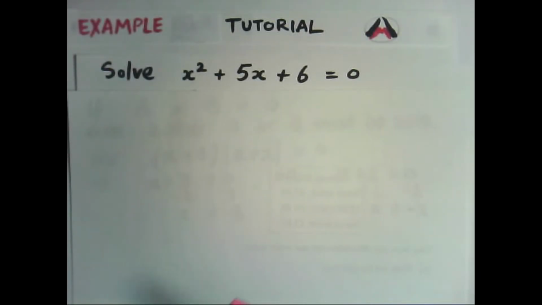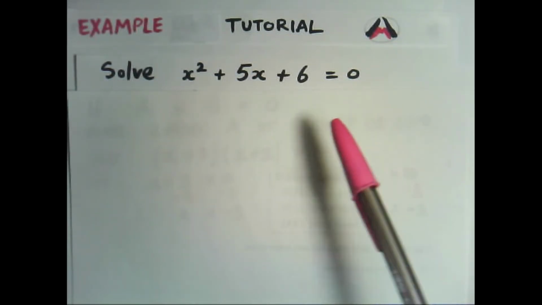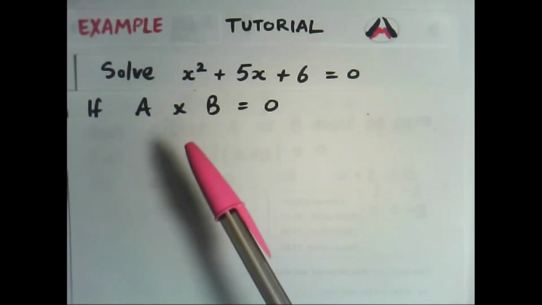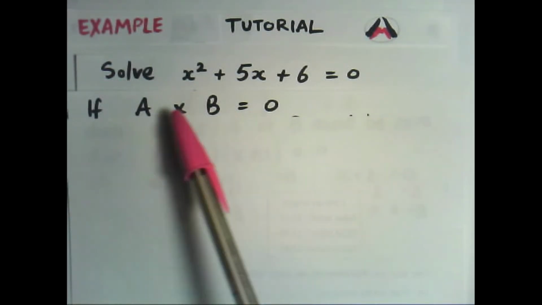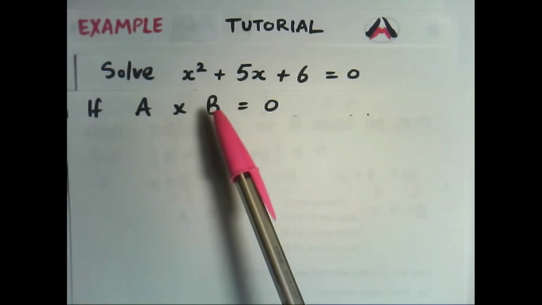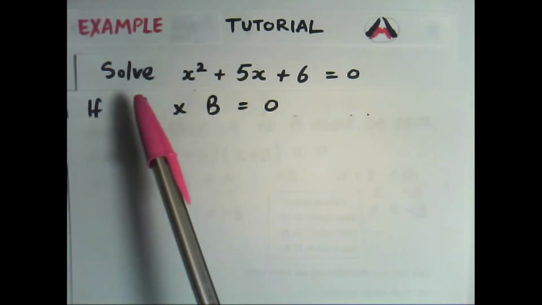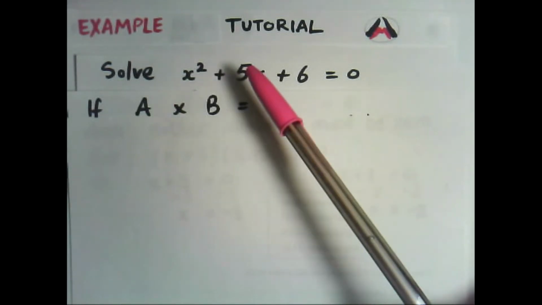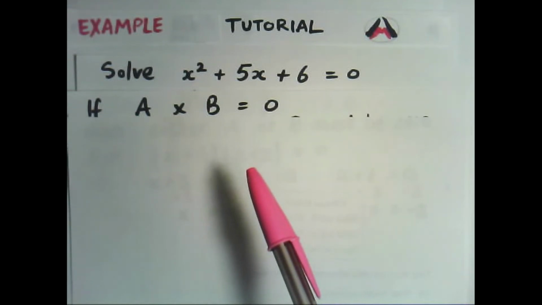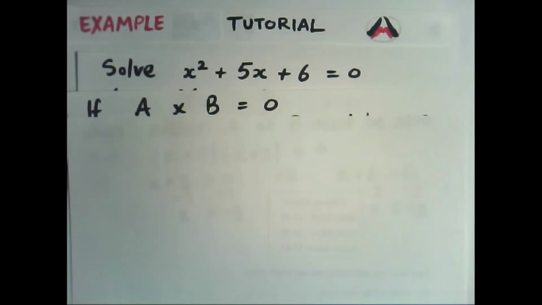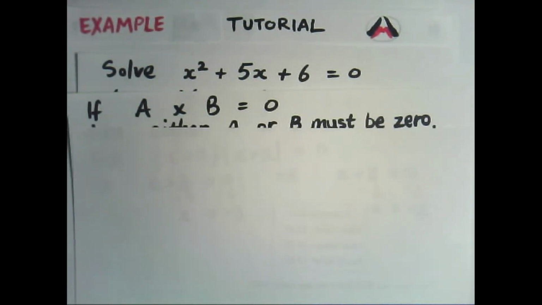The next part in solving this quadratic equation, x squared plus 5x plus 6 equals 0, is to think about this situation: if you have two things that are being multiplied together and they equal 0, that means that either A must be 0 or B must be 0. So we can use this fact to help us work with the double brackets that we just factorized.